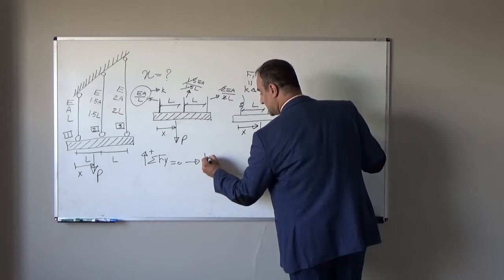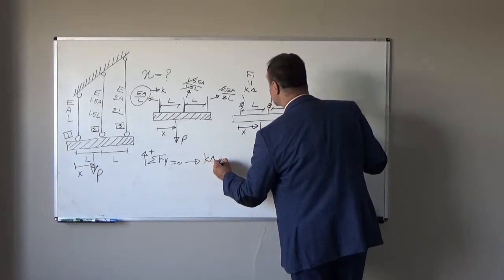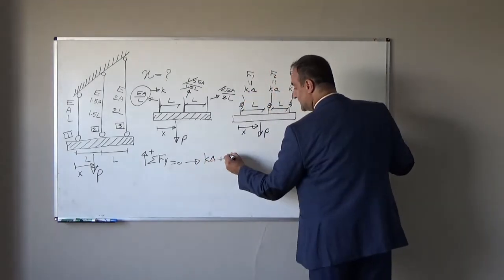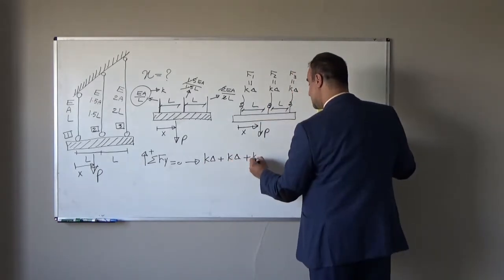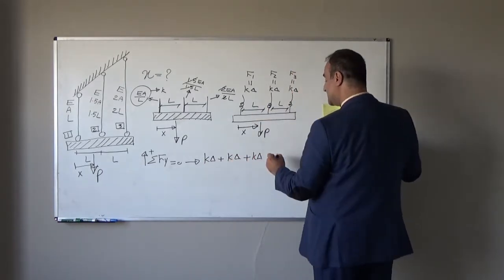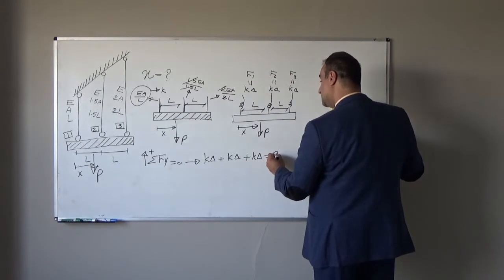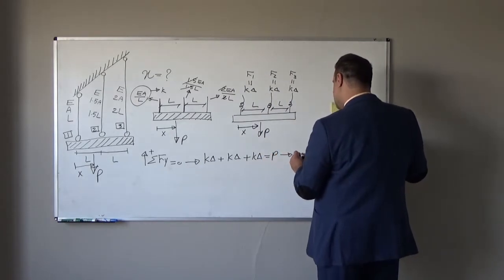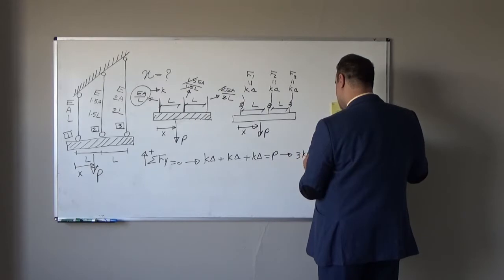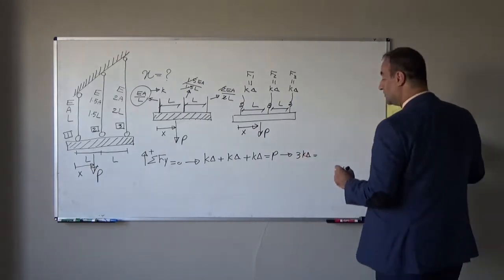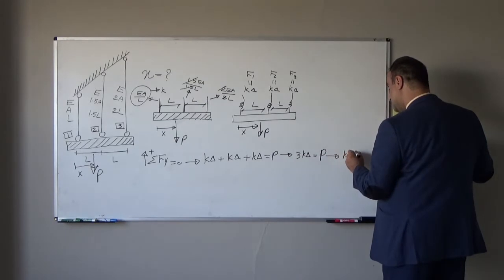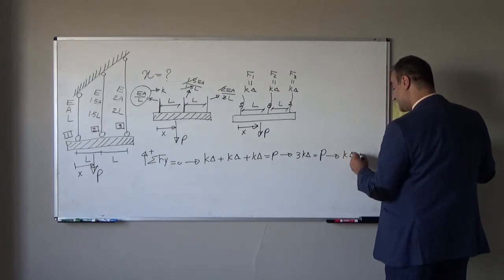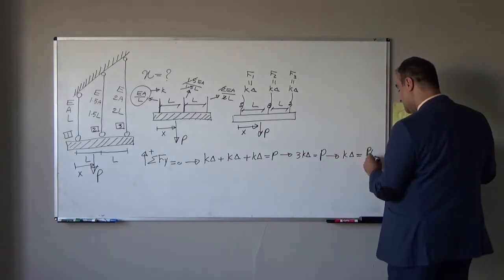Or I can write K delta instead of F1, plus K delta instead of F2, plus K delta instead of F3, is equal to P. From here, 3K delta will be equal to P. So K delta should be equal to P over 3.